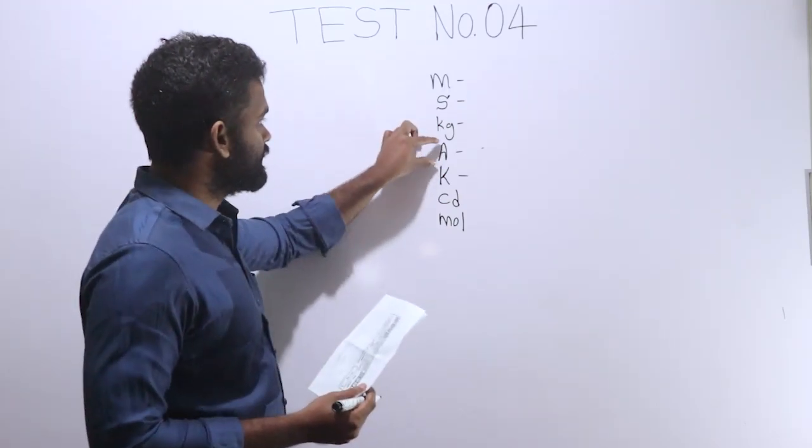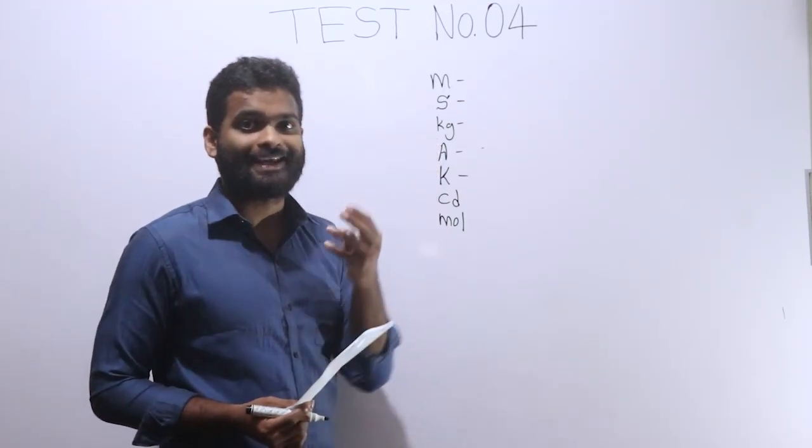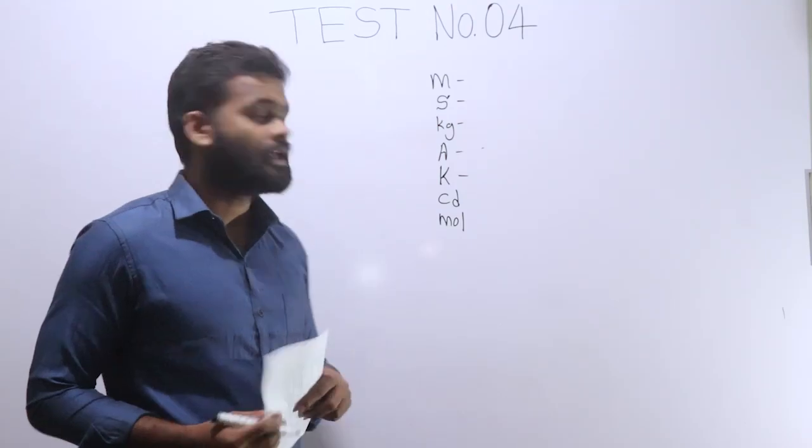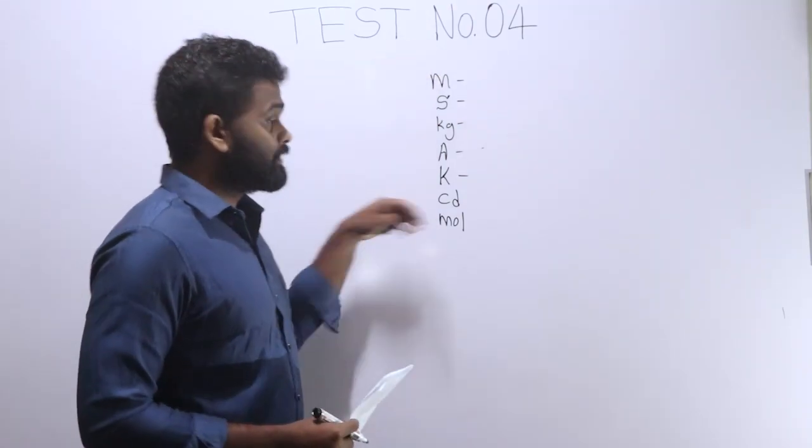These two are in capital letters because they are named after scientists. So these are the 7 fundamental units.